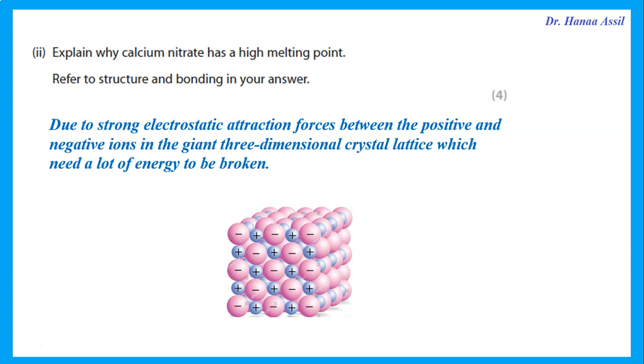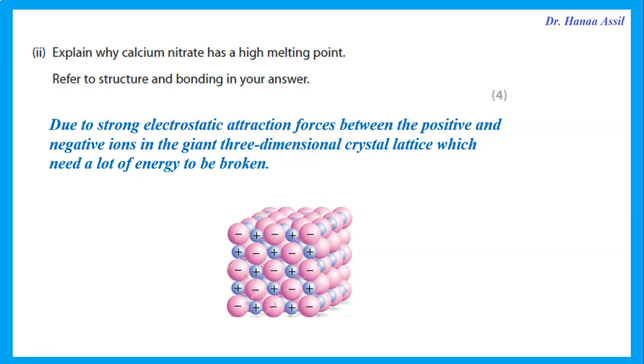due to strong electrostatic attraction forces between positive and negative ions, whereas to refer to structure and bonding, so positive and negative ions in the giant three-dimensional crystal lattice, which need a lot of energy to be broken.